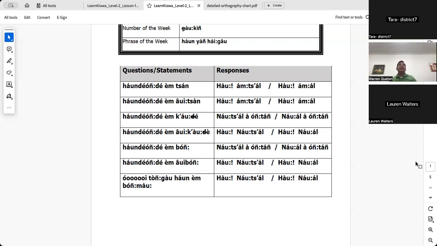So let's practice that saying and you say oi, tonga honem bone ma. Tonga Honem Bama. Ha. One more time. Oi, Tonga honem bone ma. Oi, Tonga honem bone ma.